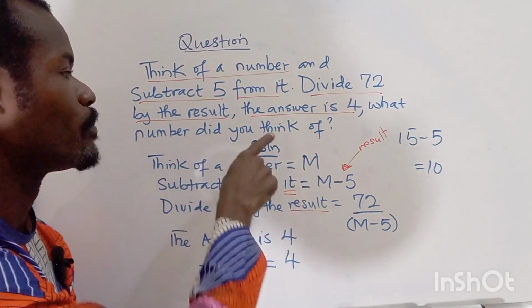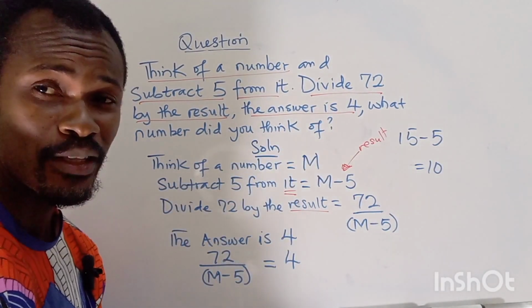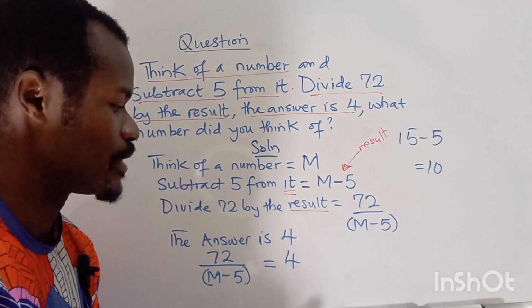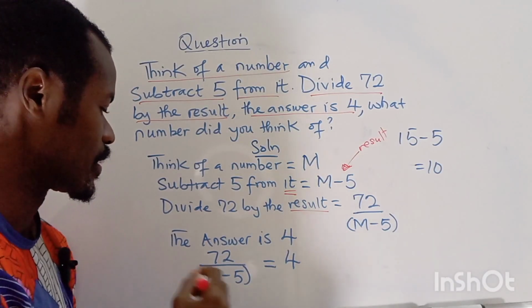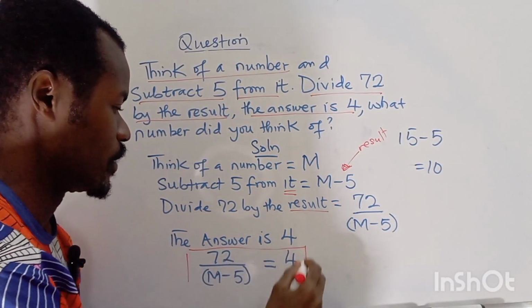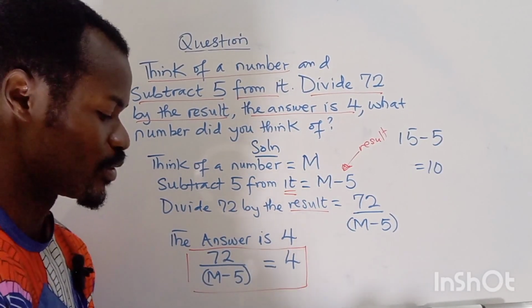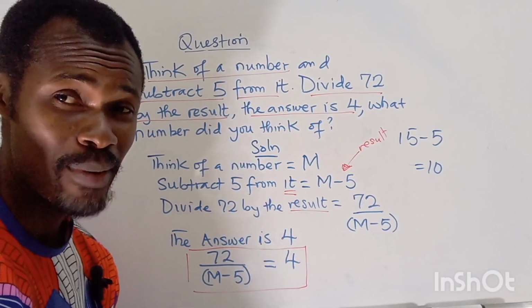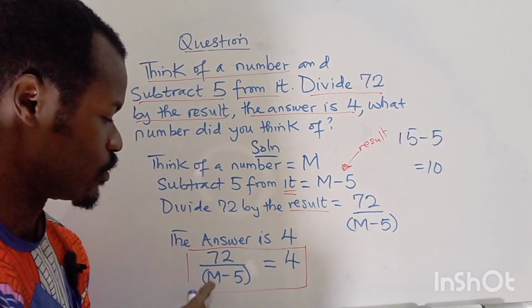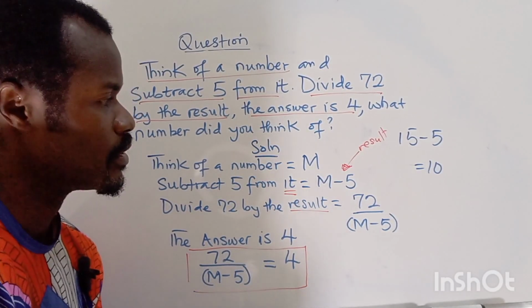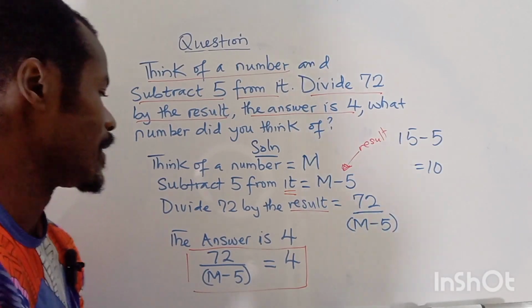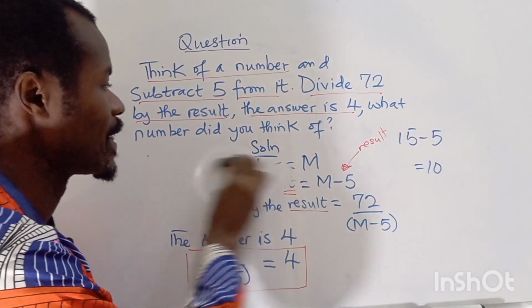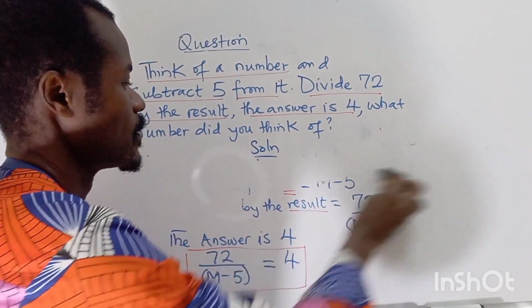Now, what number did you pick? For the fact that we have interpreted the problem mathematically and have been able to get this equation, we can now solve for the number we thought of, which is N in this case. So we just need to solve and find the value of N.